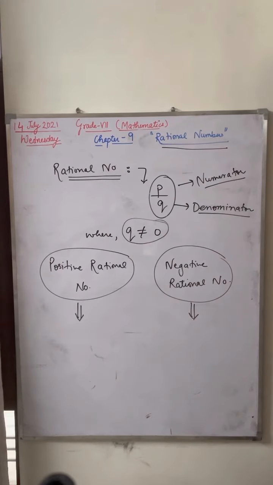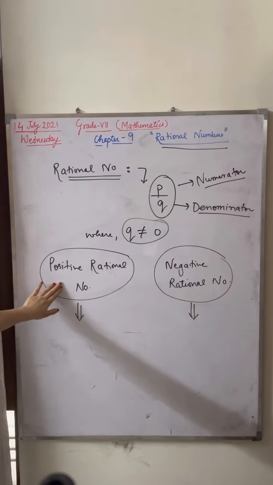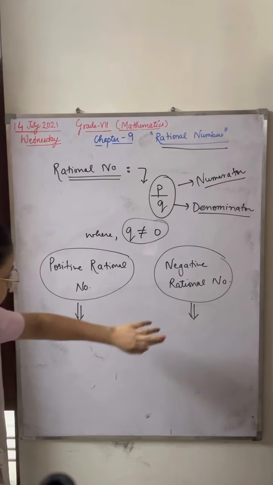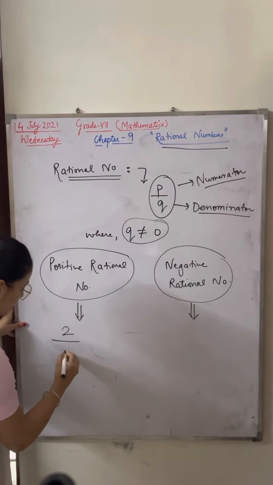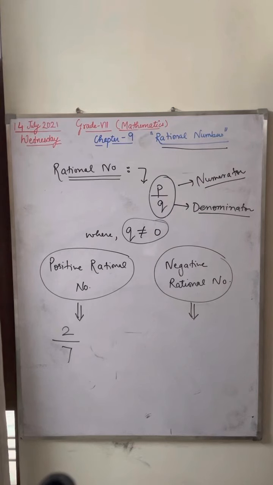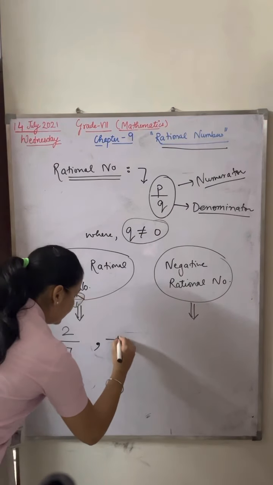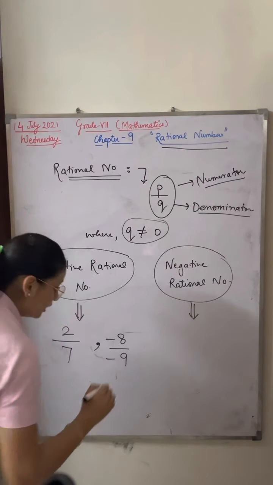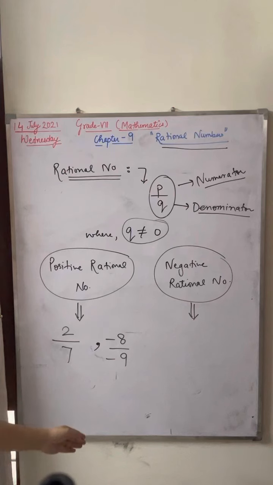Right. So now these are the concepts of rational numbers. What are positive rational numbers? What are negative? Positive rational numbers are those where both numerator and denominator are positive, or both are negative. If both are negative, that is also a positive rational number. Why?